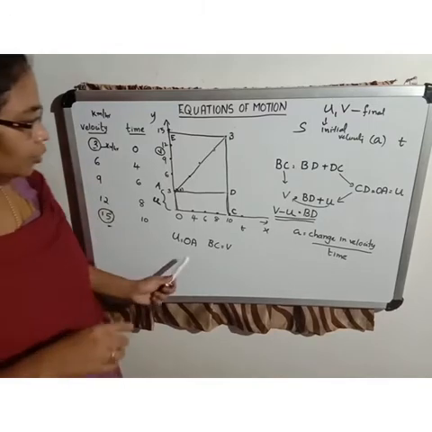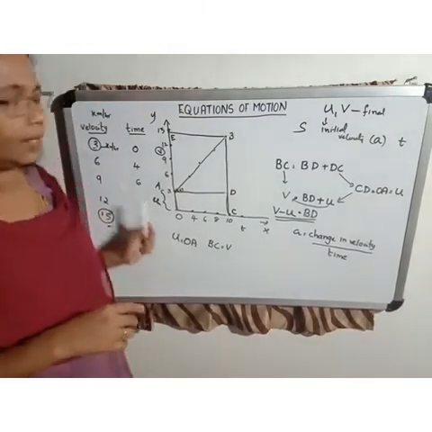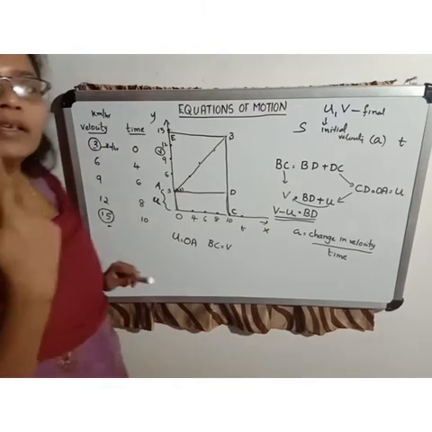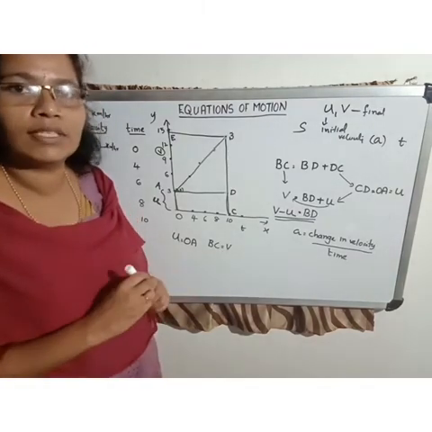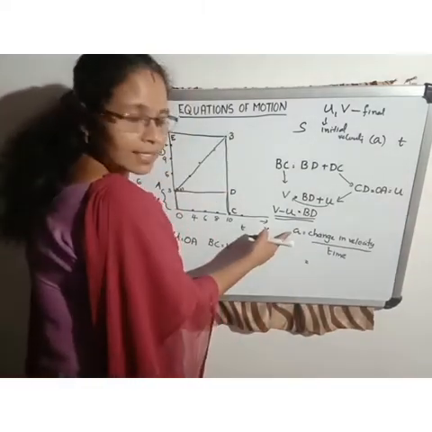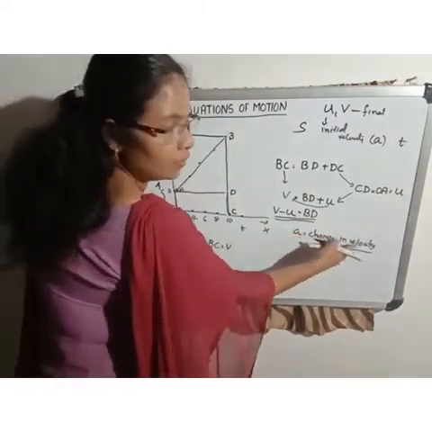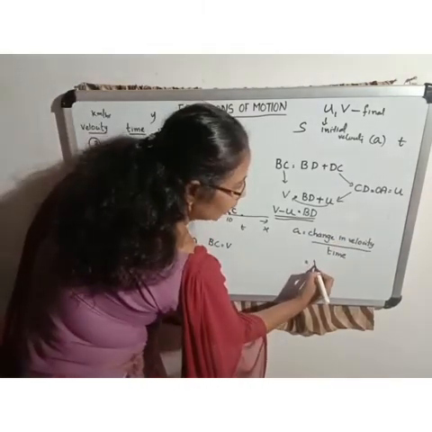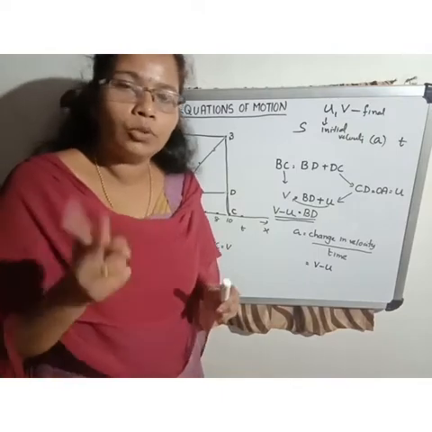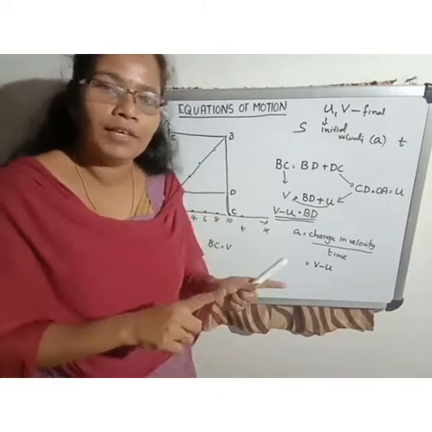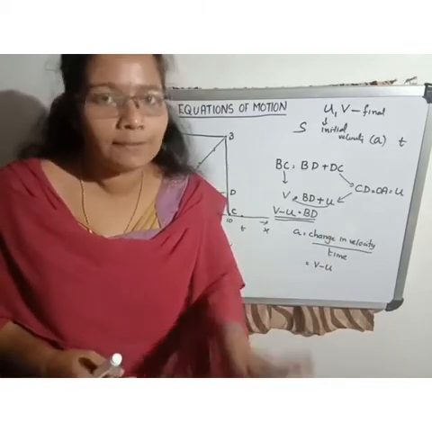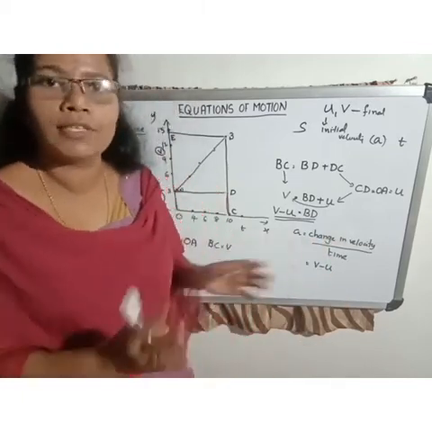Likewise, initial velocity is U. Instead of 3 I am taking U. Final velocity instead of 15 I am taking V. So what's the change in velocity? It is V minus U. Since the velocity changes from first velocity U to last velocity V, the change in velocity is the difference between the two.